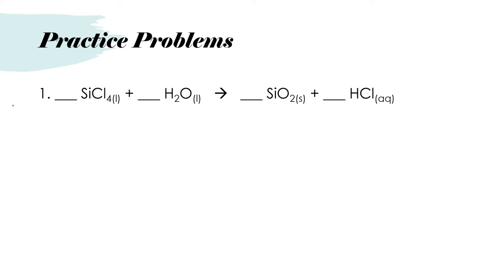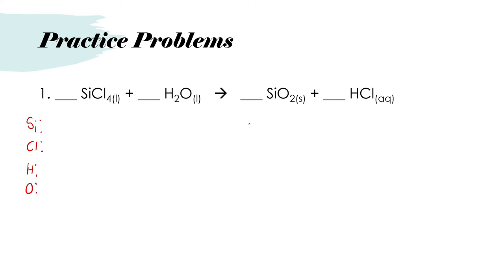So first thing we want to do is look at all the different things we have in our products or reactants. So we've got silicon, we've got chlorine, we've got hydrogen, we've got oxygen.